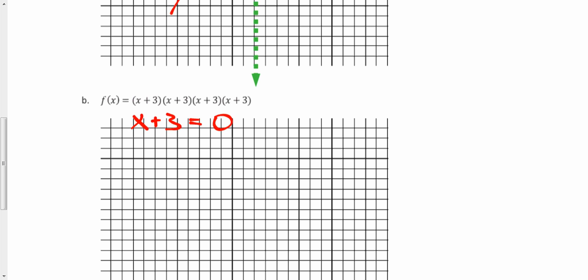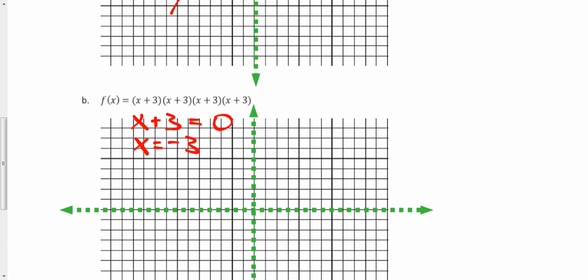You're not going to understand the implications of that yet. But let's put in our axes. There's my y-axis. There's my x-axis. So, what is my solution for that factor? x equals what? Negative 3.